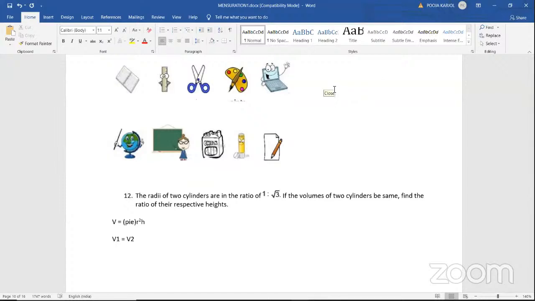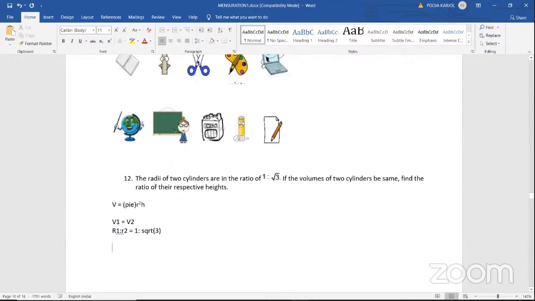H1 is to H2 is equal to 3 is to 1. Respective heights of the radius. Correct. So they've also said R1 is to R2 is equal to 1 is to square root of 3.